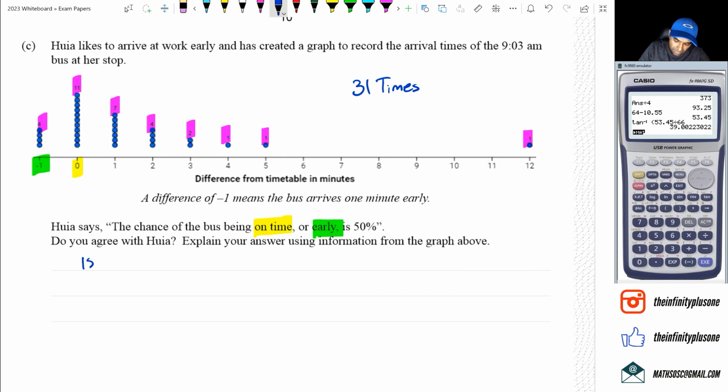So numerically, we've got 15 out of 31 times that the bus arrives on time or early. So that could be converted to a percentage. So 15 out of 31 as a percentage is, what do we got? 15 divided by 31 multiplied by 100 gives me 48.39%.